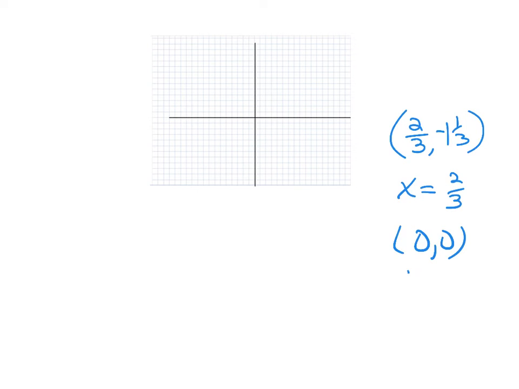So again, the vertex was 2/3 and 1 1/3 negative. Axis of symmetry was x equals 2/3. And our y-intercept is 0, 0. So again, if you want to use the line of symmetry, you can. Or you could do a table of values.